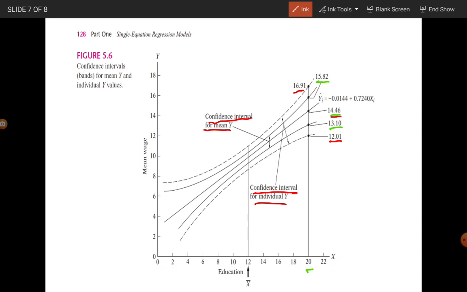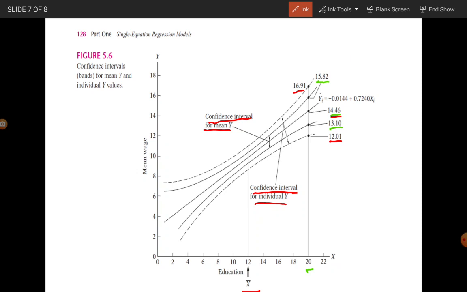You can see in this case that the sample mean here is x bar, and the width of these confidence bands, in the case of mean prediction as well as individual prediction, is the smallest when x is equal to x bar.